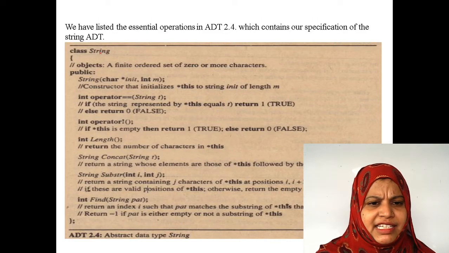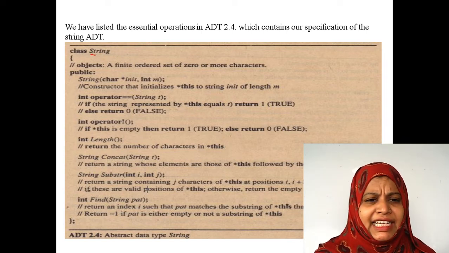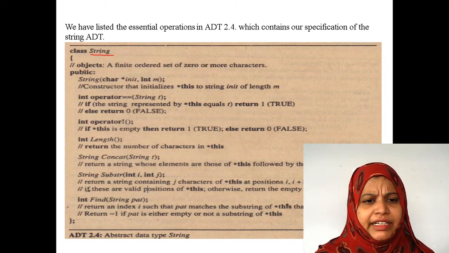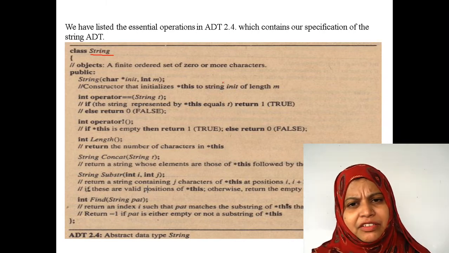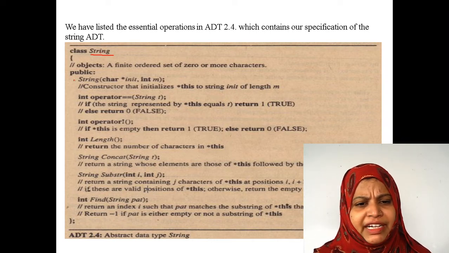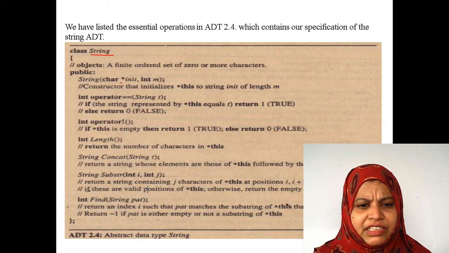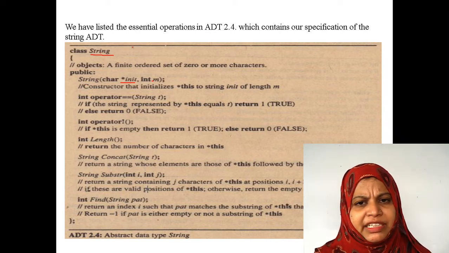Here, class String is there. In the class String, the name is MyString. I am writing one comment here: objects are a finite ordered set of zero or more characters. A finite set of zero or more characters is defined as an object. In this case, String(char *init, int m). Here it means the constructor; the class name is String and here also String is there, so it is the constructor of that particular class.